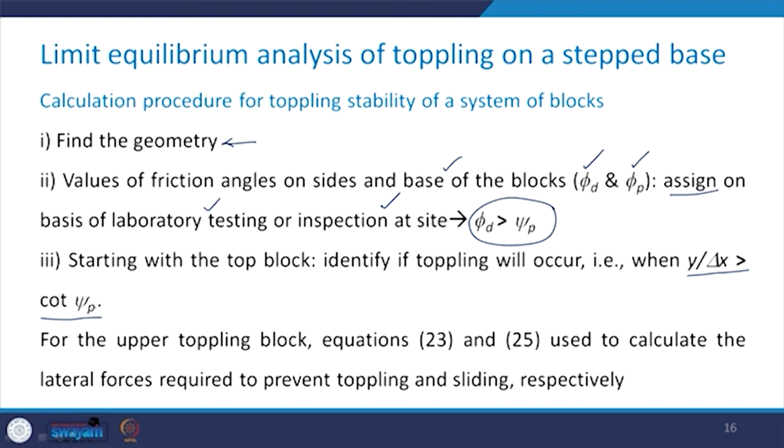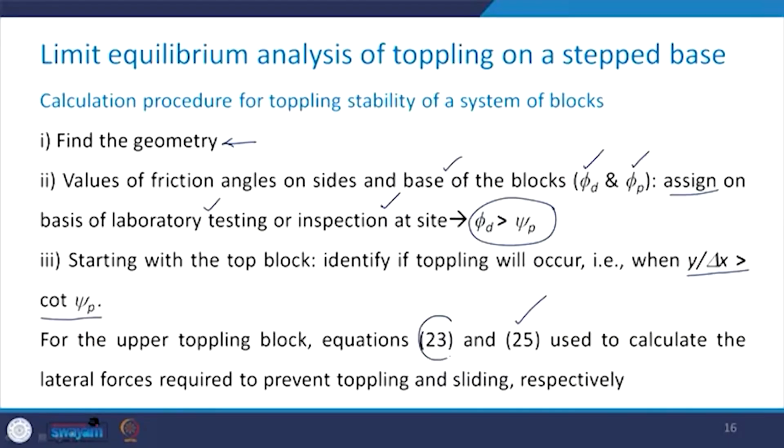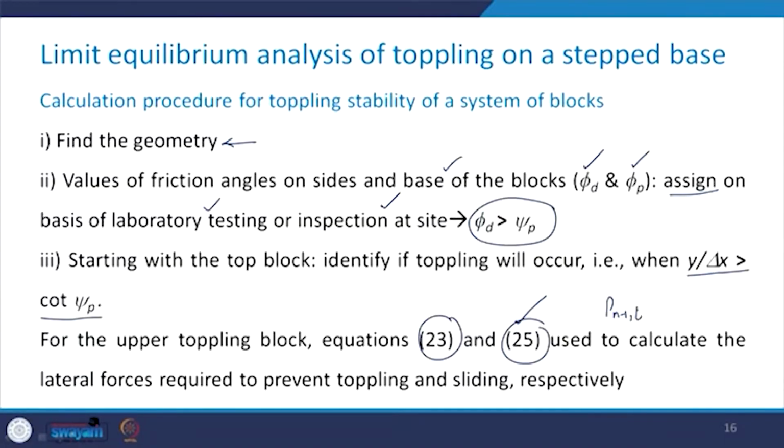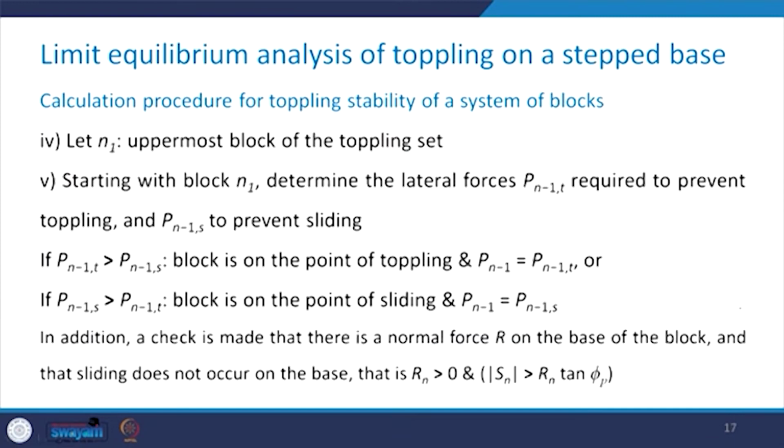Now, for the upper toppling failure, we just obtained equations 23 and 25. These would be used to calculate the lateral forces which are required to prevent the toppling and sliding respectively. So, we will use these equations 23 and 25 in order to get Pn minus 1 comma T and Pn minus 1 comma S.